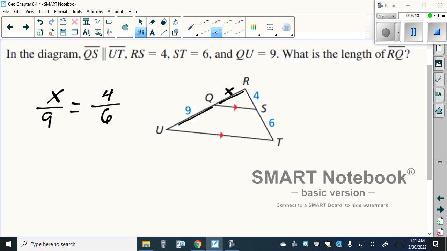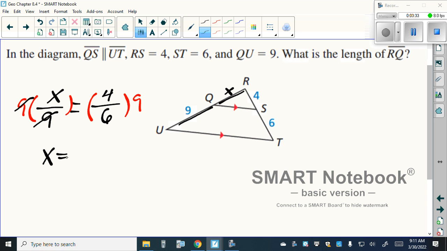Now, what do we think we would do next? Multiply both sides by 9, which is essentially what we've been doing the last few days. The reason we do that is because 9 times our 1/9 will simplify to 1.